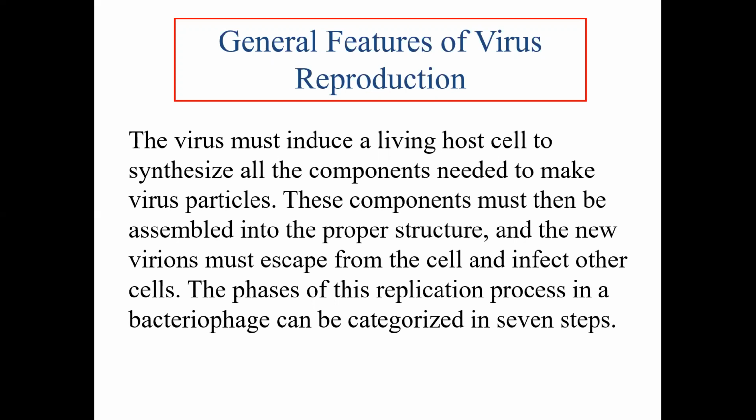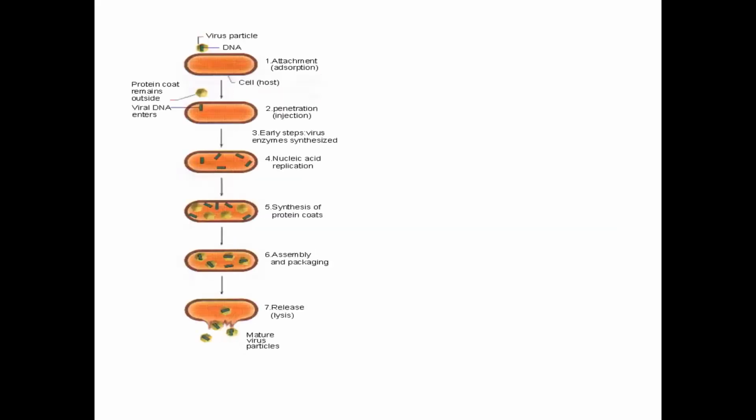In some cases, you may have viruses infecting host cells that lack the ability to lyse or break free of the host cell, so they cannot spread. Sometimes organisms can fight off viruses in that way, because they do not allow the new viral particles to escape and cause new infections, right? The phases of the replication process can be characterized in 7 steps.